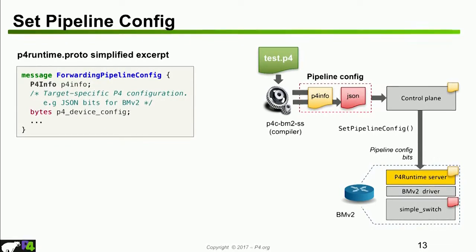For the case of BMv2, the pipeline config will contain the P4 info and the BMv2 JSON. If you're using another target that uses a different format for the target-specific configuration, then you will need to add those bits into the pipeline config message.